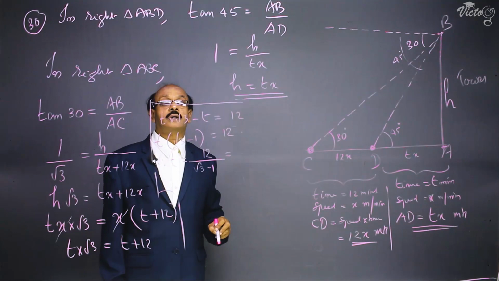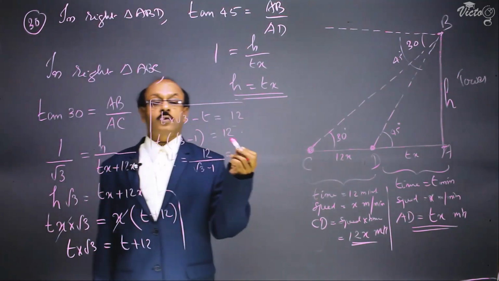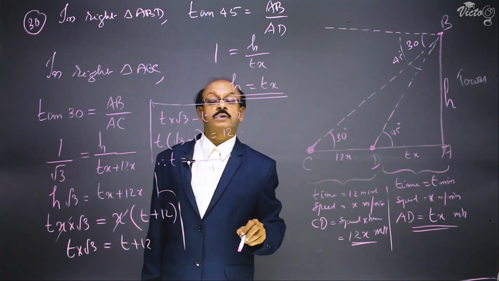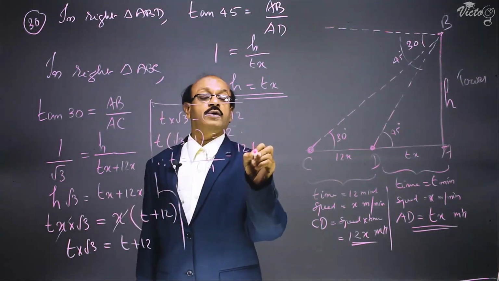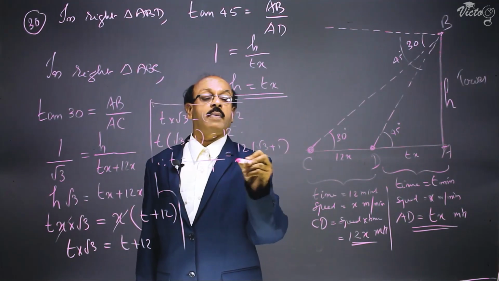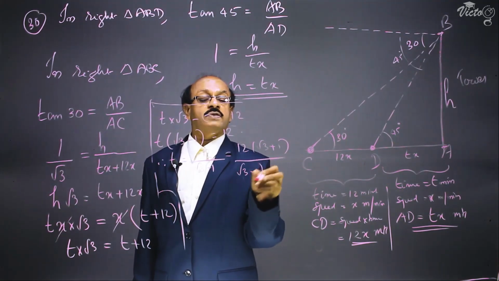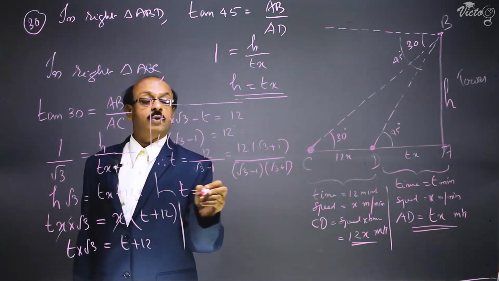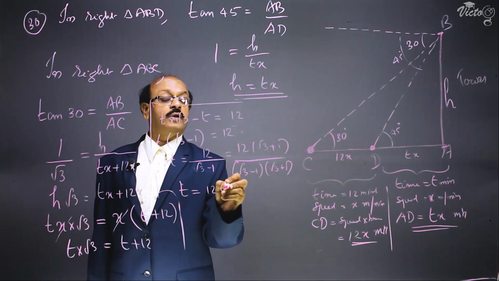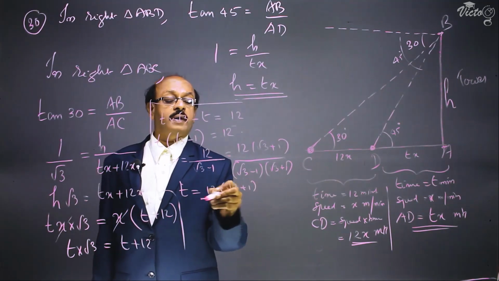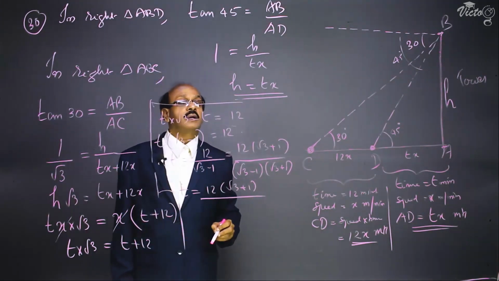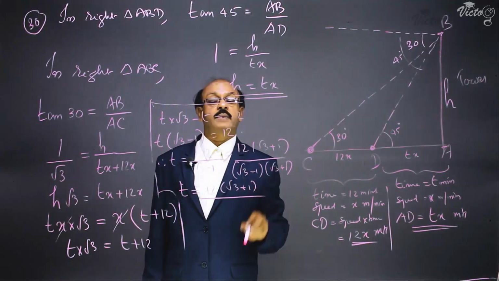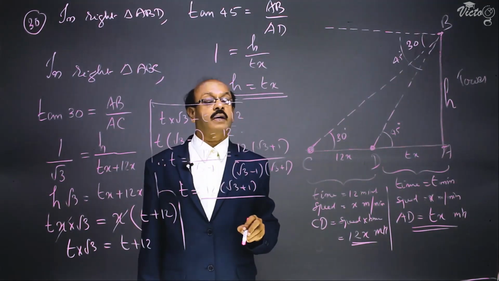Rationalizing the denominator, we are going to multiply both the numerator and denominator by the conjugate of root 3 minus 1, which is root 3 plus 1. That is 12 into root 3 plus 1 divided by root 3 minus 1 into root 3 plus 1, which is of the form identity a minus b into a plus b, which is equal to a square minus b square.